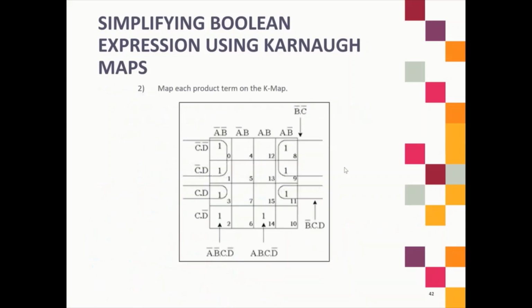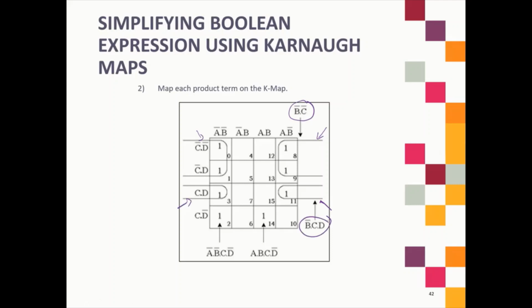So this will be your simplified equation. Okay, the next slide shows the same process that I already explained to you. This loop is just to show how you can map each product term, how you can map B bar and C bar, and how you can map B bar, C, D bar.